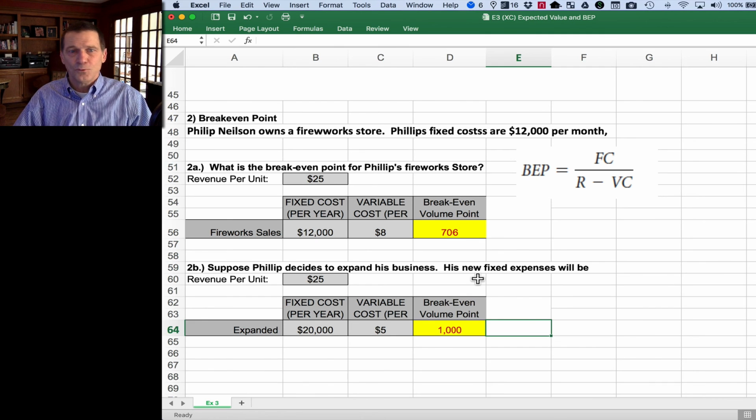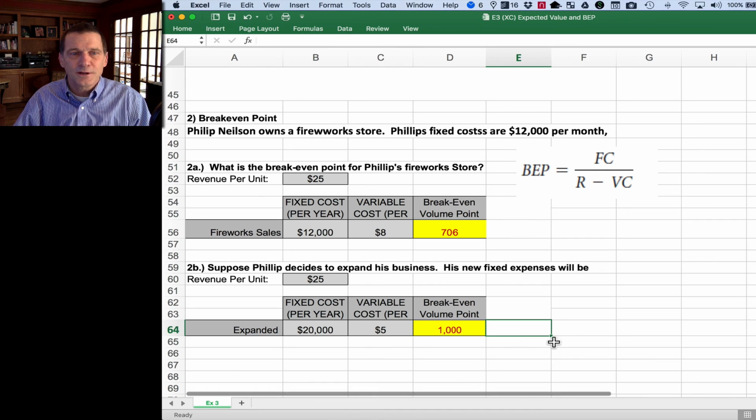And you might look at that and say, well, why would he expand if he has to sell more to break even? Well, that's not the right way to look at it. He's expanding his business. Of course he has more fixed costs, and he needs to expand if he wants to grow his business. But we can run some other ratios or look behind the numbers, right?